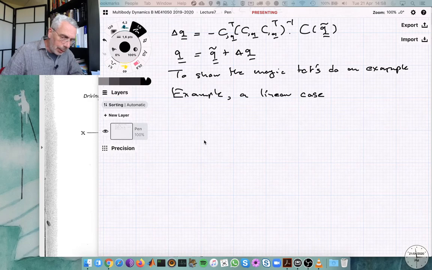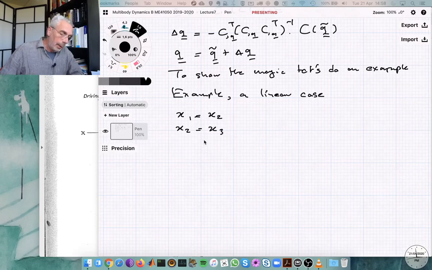So a linear case is as such. I have two equations. I have x1 equals x2, and I have the other one that is x2 equals x3. These are two constraint equations, which I can write, of course, in a constraint form.